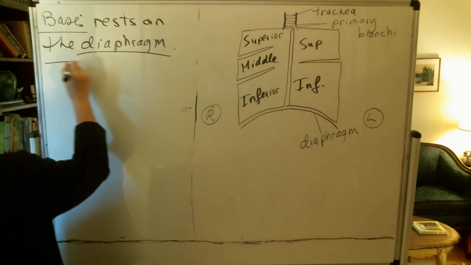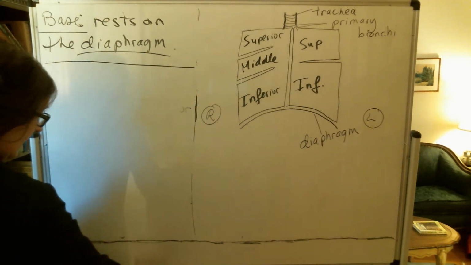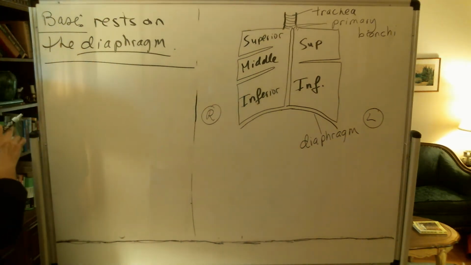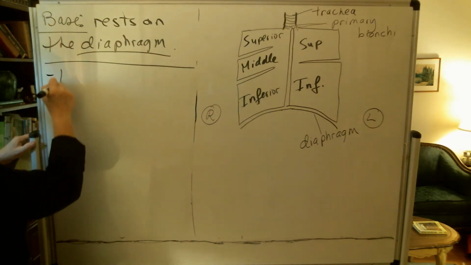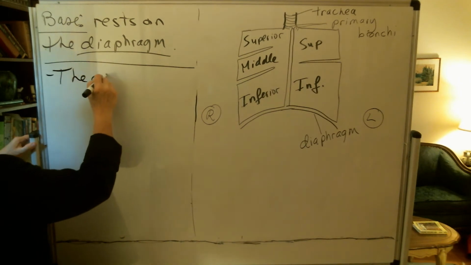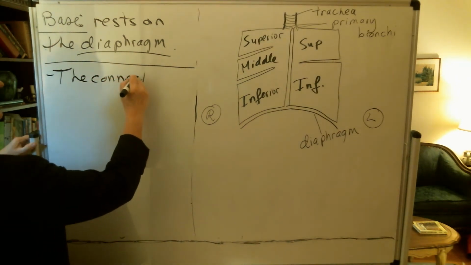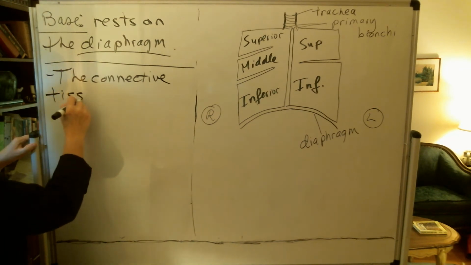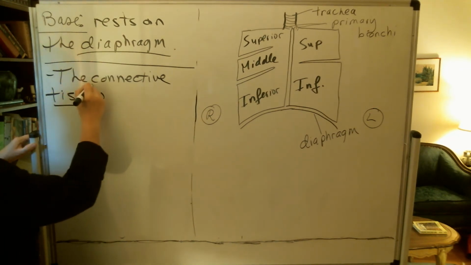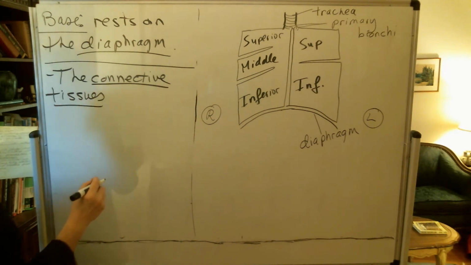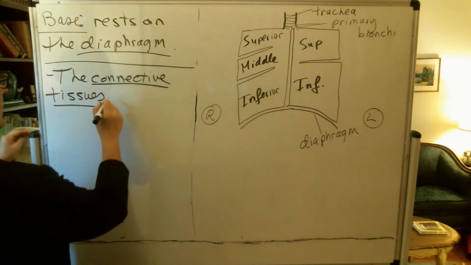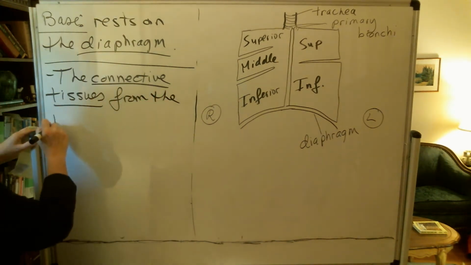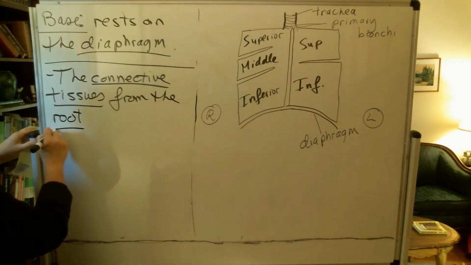Okay, so now we are getting into the interior structure of the lung, and that goes like this. So the connective tissues then from the root of the lung.